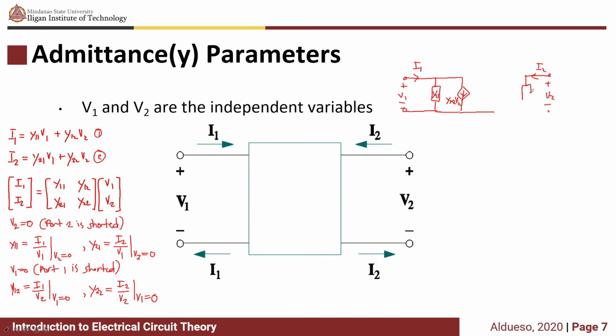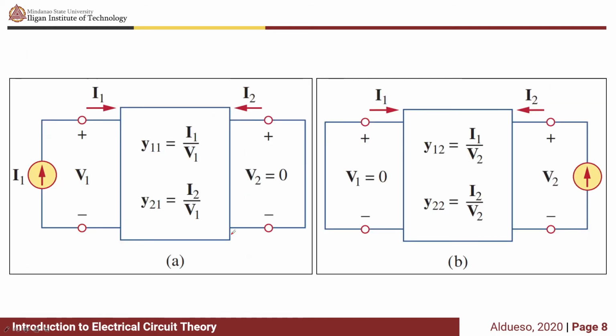We have y22 at this branch plus a dependent current source with a value of y21 v1. Now figures A and B show how to solve for the y parameters.